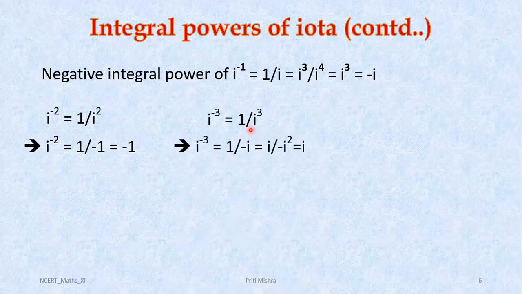And the value of i cube is minus i, so 1 upon minus i. Now, in order to solve this fraction, we multiply by i in the numerator and in the denominator. In the denominator, i square is -1. So after solving, we have the value for i raised to the power -3 is equal to i, right?